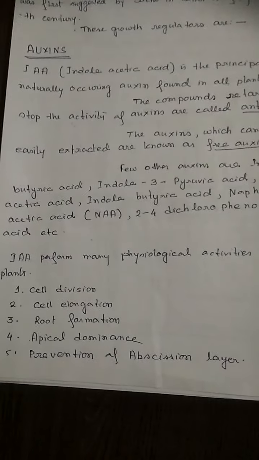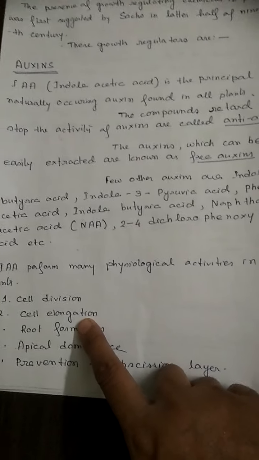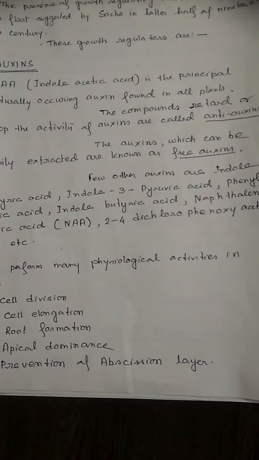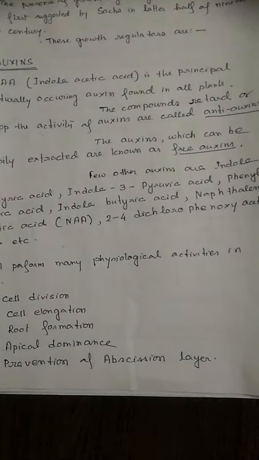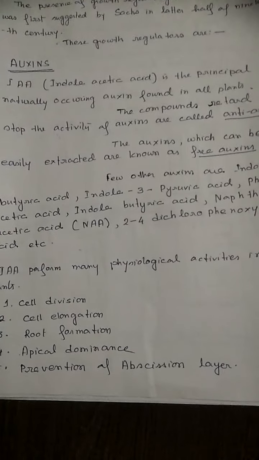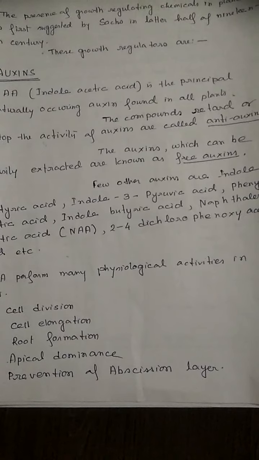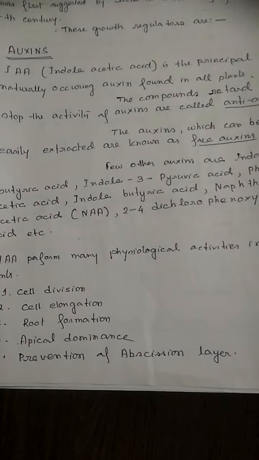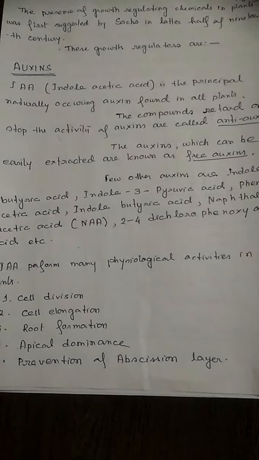The functions of indole acetic acid are cell division, cell elongation, root formation, apical dominance, and prevention of the abscission layer. The abscission layer is a layer which forms between a part of the plant and the main part of the plant, due to which senescence takes place and that part gets detached from the main plant body.